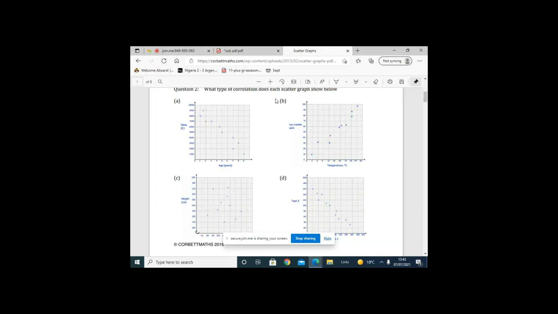So let's just do this question. What type of correlation is A? Is it positive, negative, or no correlation? Any answer? What type of correlation is A?